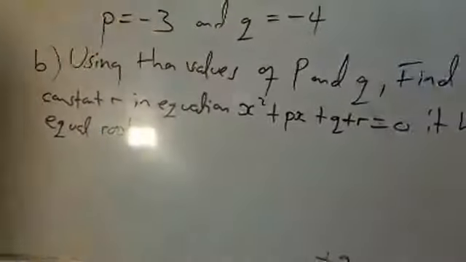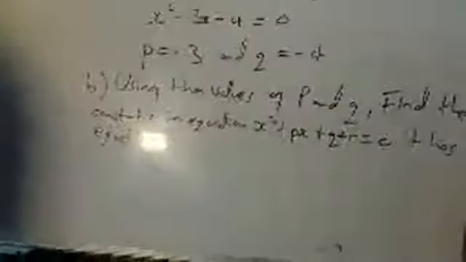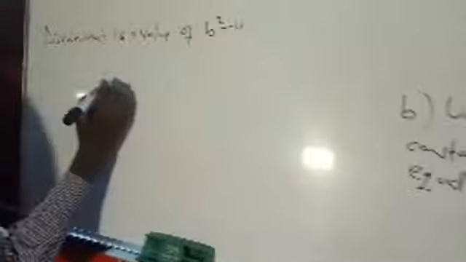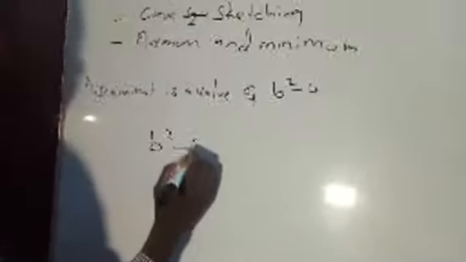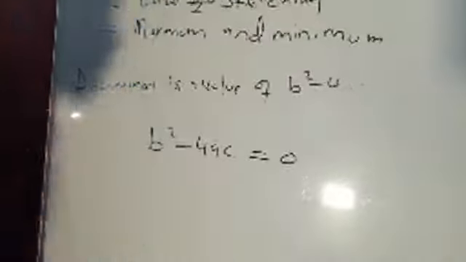They told us that for any equation to have equal roots, its discriminant, which is b squared minus 4ac, must be equal to 0.